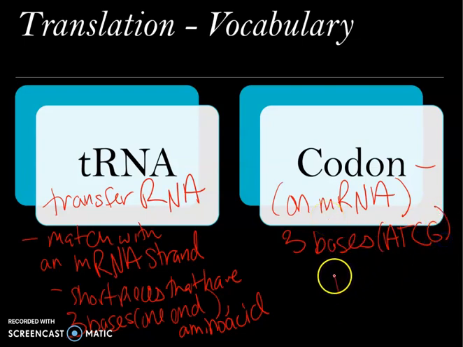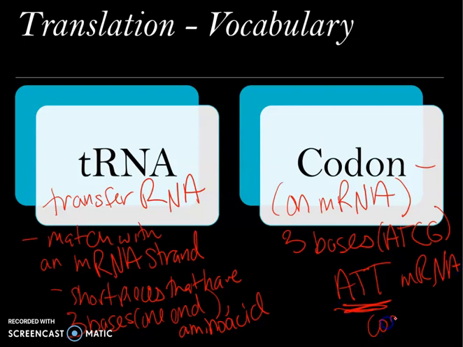So I might have A, T, T on my mRNA. That ATT is a codon. And this ATT is going to match up with a piece of tRNA that has an amino acid on it.